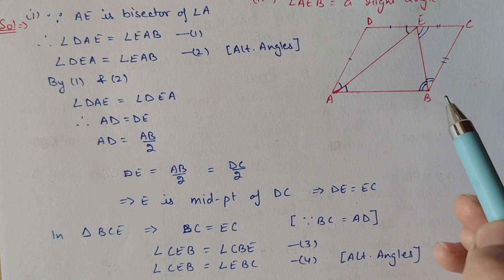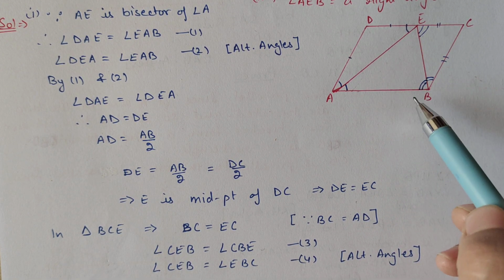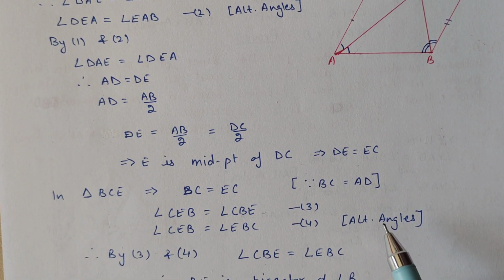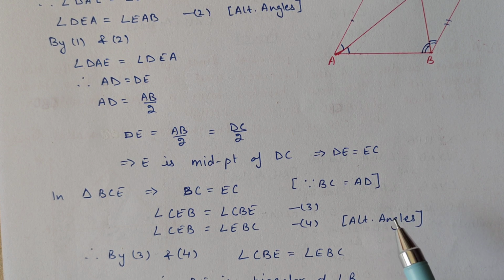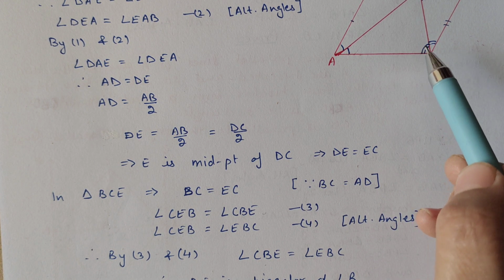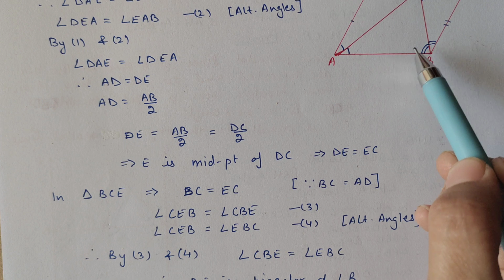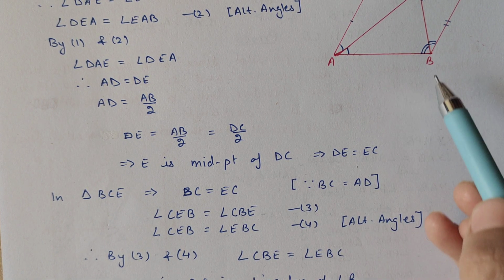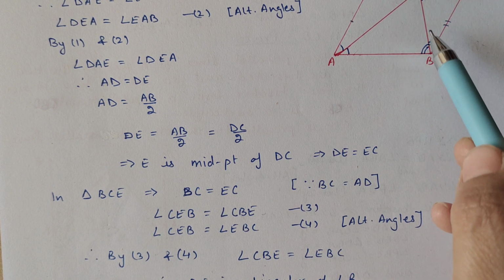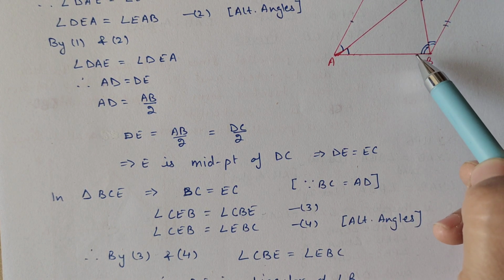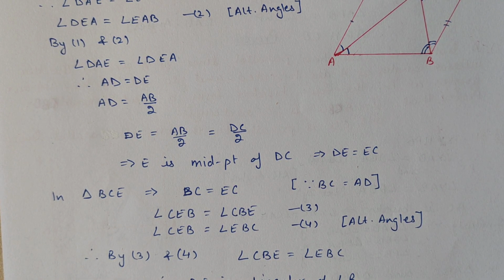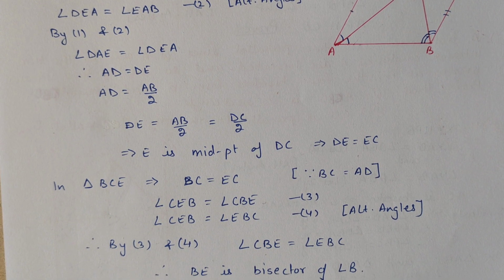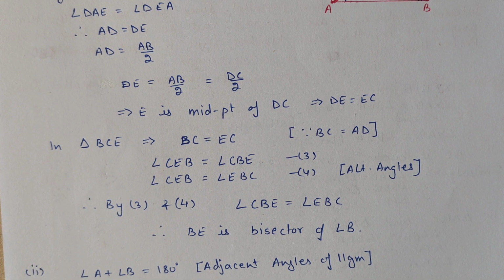DC and AB are parallel to each other, so these two angles will be alternate angles and will be equal. So now we get to know that this angle and this angle are equal. If these two angles are equal, it means BE is the bisector for this angle. It is dividing this angle B into two equal halves, and this only we have to prove here.